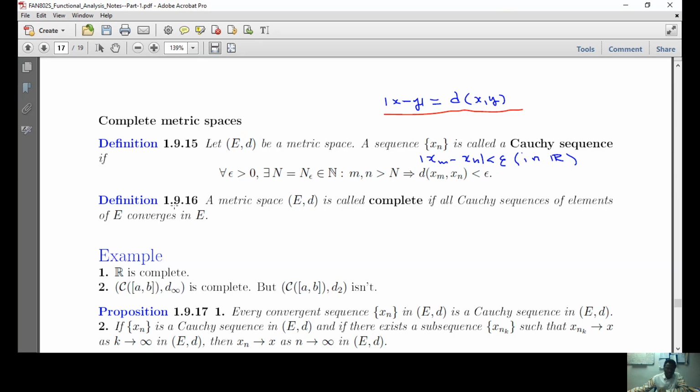Okay, now a metric space is called complete if all Cauchy sequences of elements of E converge in E. That is, the limit point is still in the space, is still in E.